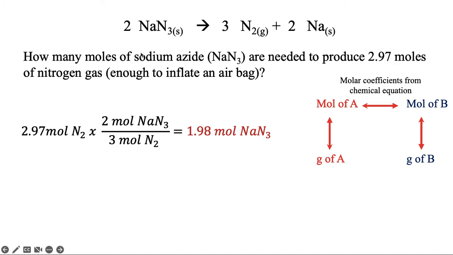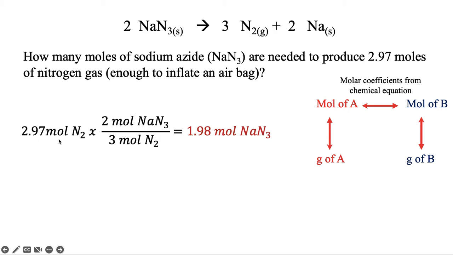I know that for every 2 moles of sodium azide, I get 3 moles of nitrogen gas. I want to write the moles of nitrogen at the bottom because that way I am multiplying and dividing by the same unit, which means that I can actually cancel these out. Then all I have left is the moles of sodium azide at the top, which is what I really need.